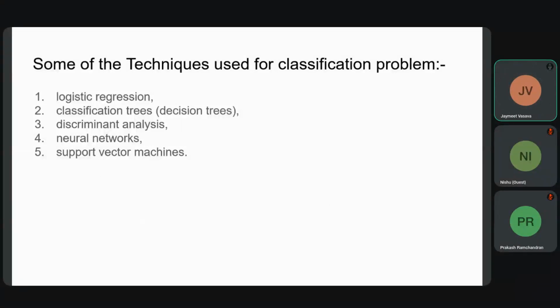Then discriminant analysis is a statistical technique used to classify observations into groups based on their characteristics. It seeks to identify the linear combinations of variables that best discriminate between two or more groups.